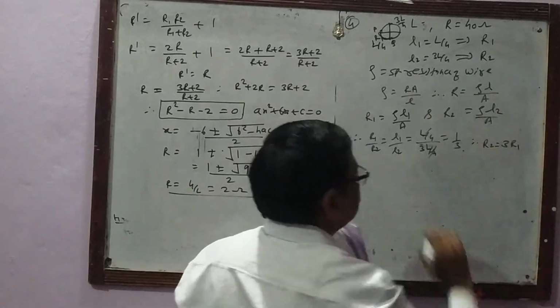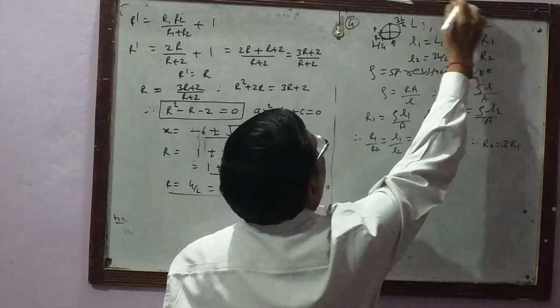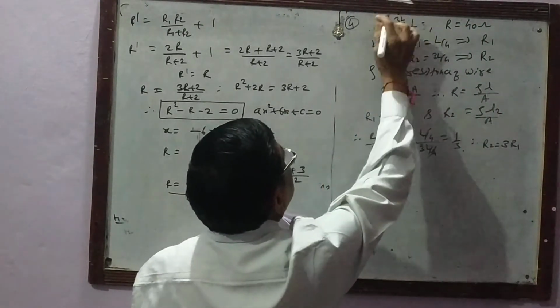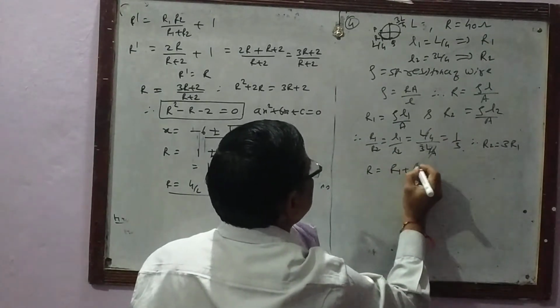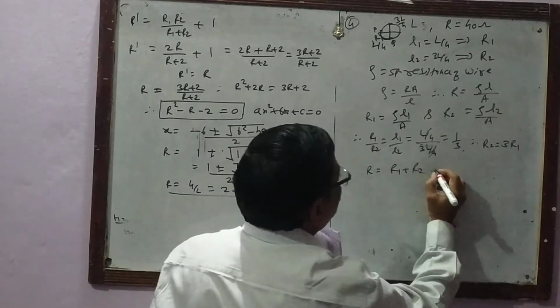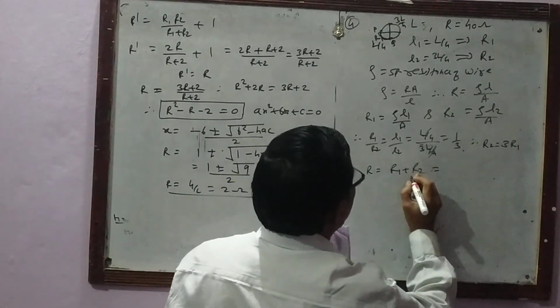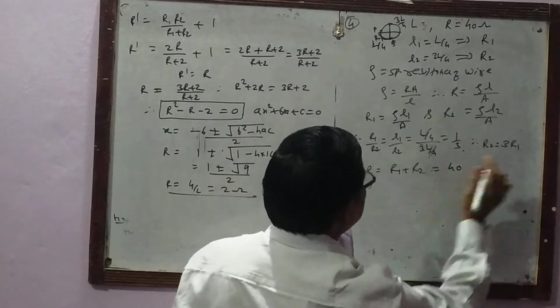Therefore R2 is equal to 3R1. The total resistance of the circular loop is R1 plus R2, which is equal to 40, but R2 is equal to 3R1.